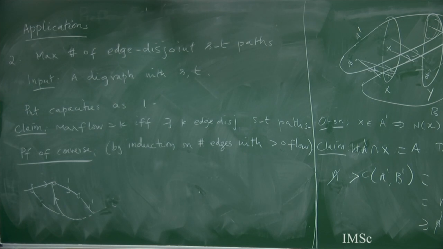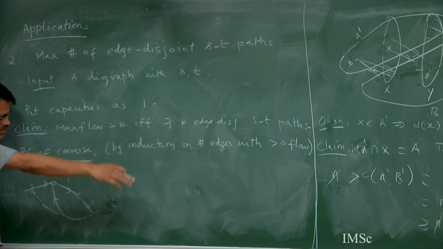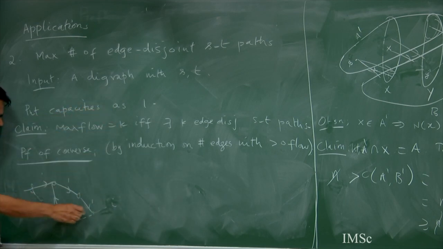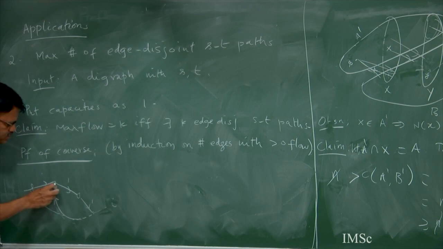What do you do in this case? You applied the flow algorithm, you got a flow of size K. Now I'm following through the flow. Here is an edge with non-zero flow, and if it reaches T, great, I got an ST path. But if it comes back and goes around a cycle, then you just decrease the flow on this cycle.